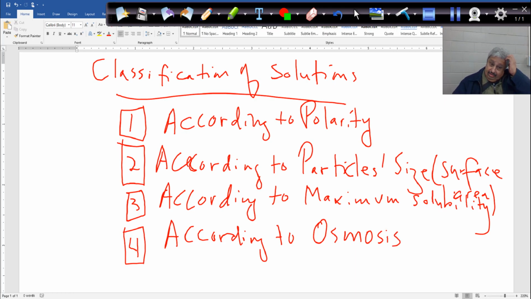Number five, I think we might have put two together. So according to polarity, correct? According to particle size, suspension, we have colloidal. According to saturation: saturated, supersaturated, unsaturated. According to osmosis.